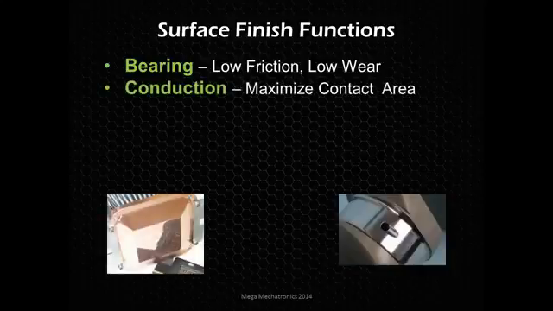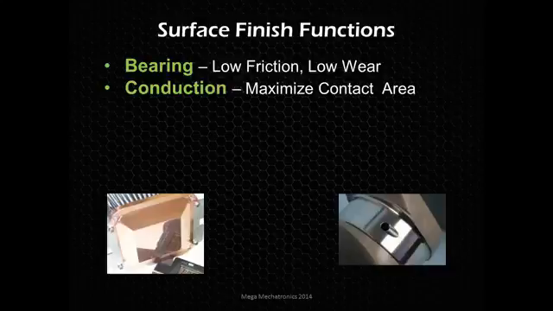And now we're looking at conduction, so conduction of heat. And in this, we need to maximize the surface area, so we need to minimize those peaks and those valleys. And you see in the picture there is probably a computer heatsink that has been polished extremely to a very fine polish.